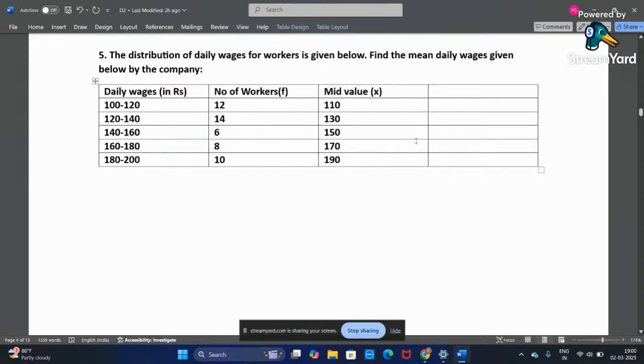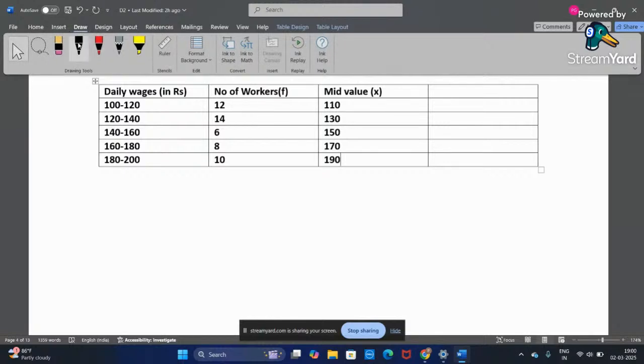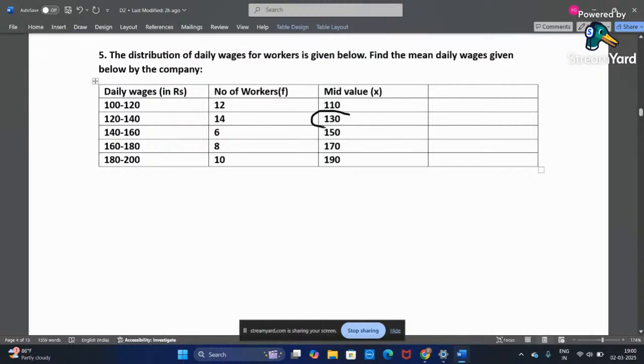Here what we have to do, you have to assume any one number as your assumed mean value. Here I am taking this number as an assumed mean value.